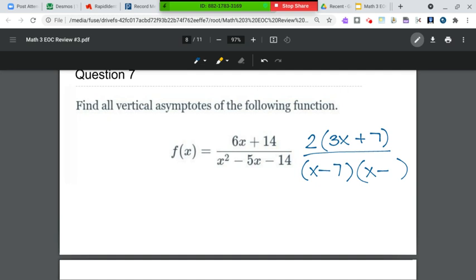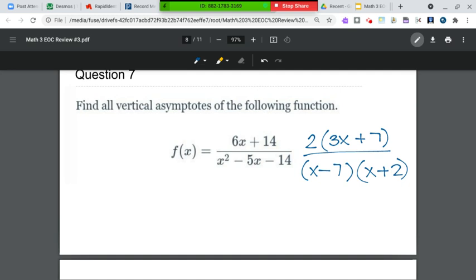(x - 7)(x + 2). So then you say to yourself, what? First, there's nothing to cancel, so there are no holes. The two factors at the bottom serve as your vertical asymptotes.